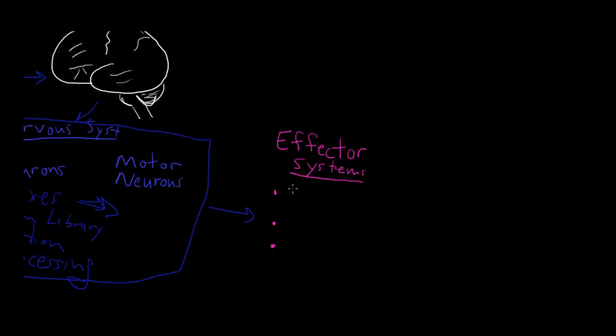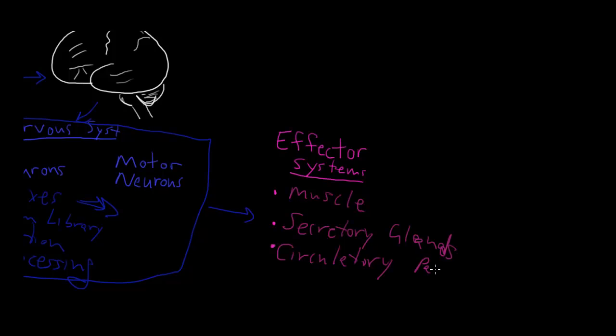These include muscle, the secretory glands I showed you before, as well as the circulatory patterns, like the vascular system, the blood vessels. We talked a little bit about that before as well.